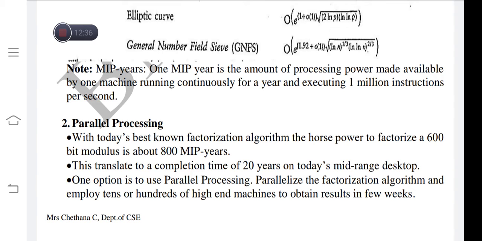MIP means 1 MIP year is the amount of processing power made available by one machine running continuously for a year and executing 1 million instructions per second. That is the meaning of MIP.